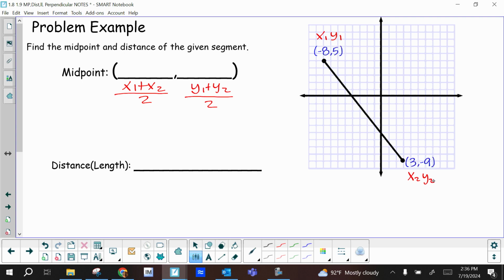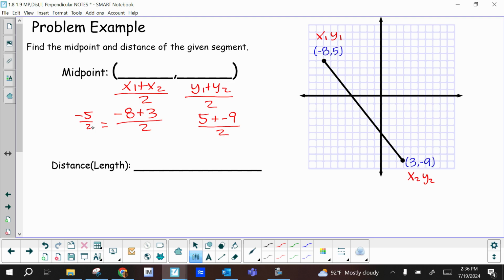All right, let's plug it in. x1 is -5 plus 3, and we're going to divide that by 2. y1 is 5 plus -9 divided by 2. All right, -5 plus 3 is -2, and then divided by 2.